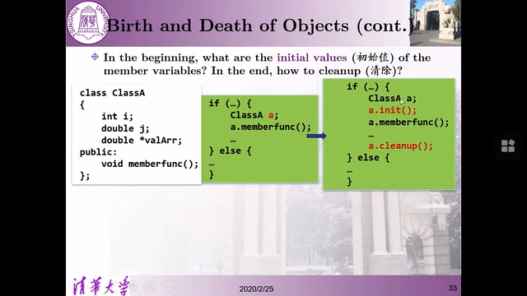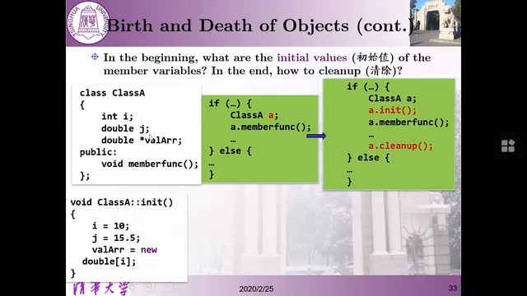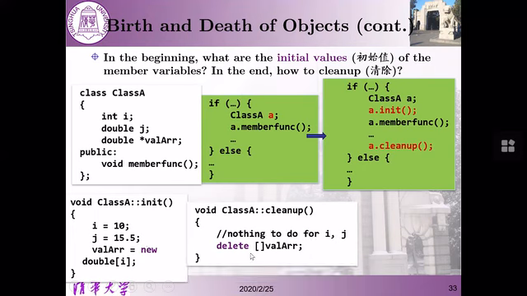So when we define this object, we have to use the init member function to initialize the variables, right? And then before it is going to die, we need to clean up the resources occupied by the variables. This is how we use init, and this is how we clean up.